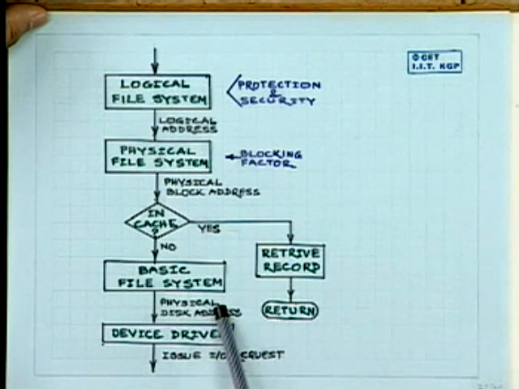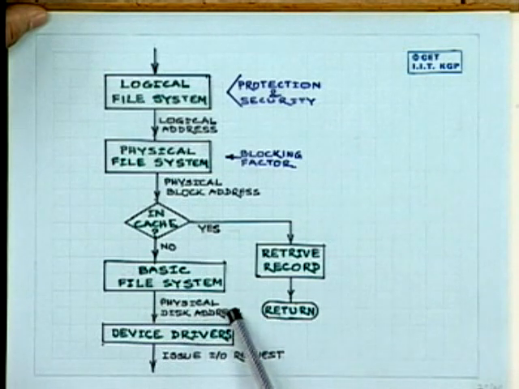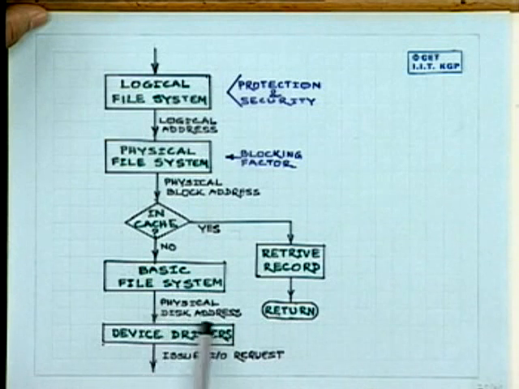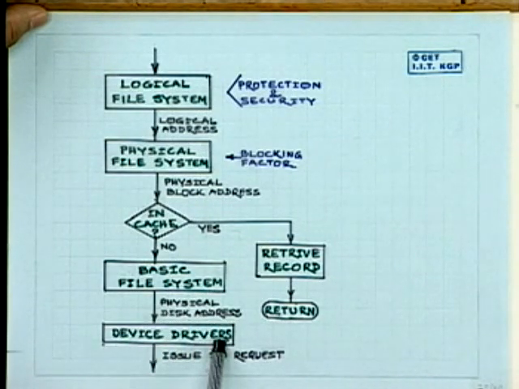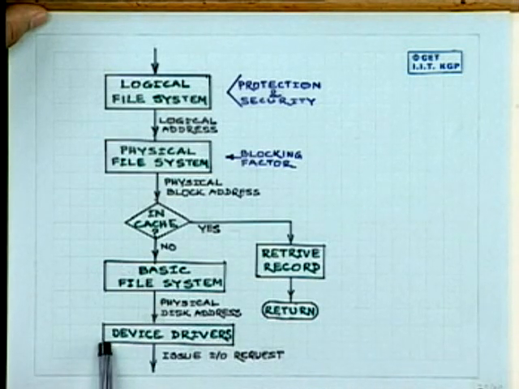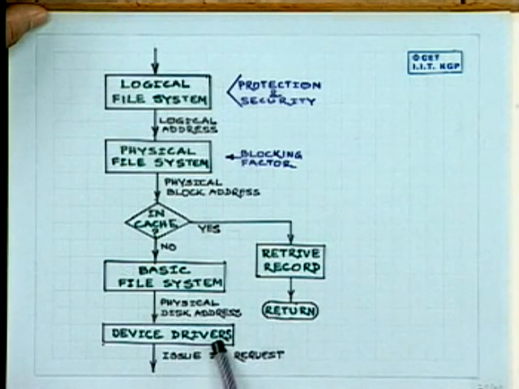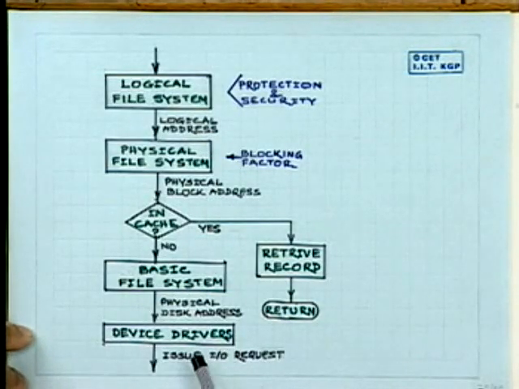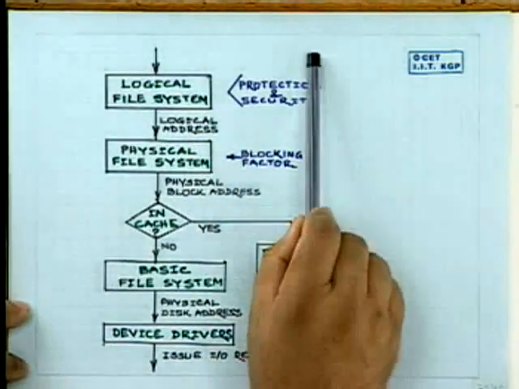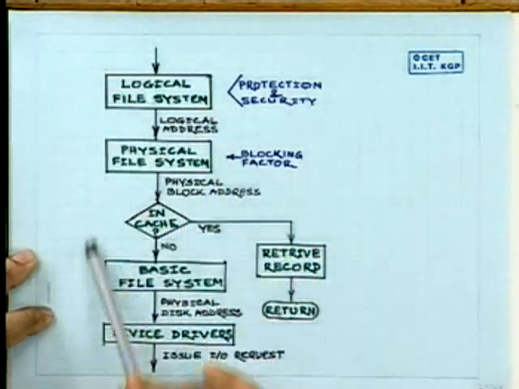That means it maps the physical block into the surface number, track number, and sector number in the magnetic disk, and the device drivers are invoked, the IO requests are issued, and that particular block is read, and then that record is retrieved from there and given to the user.